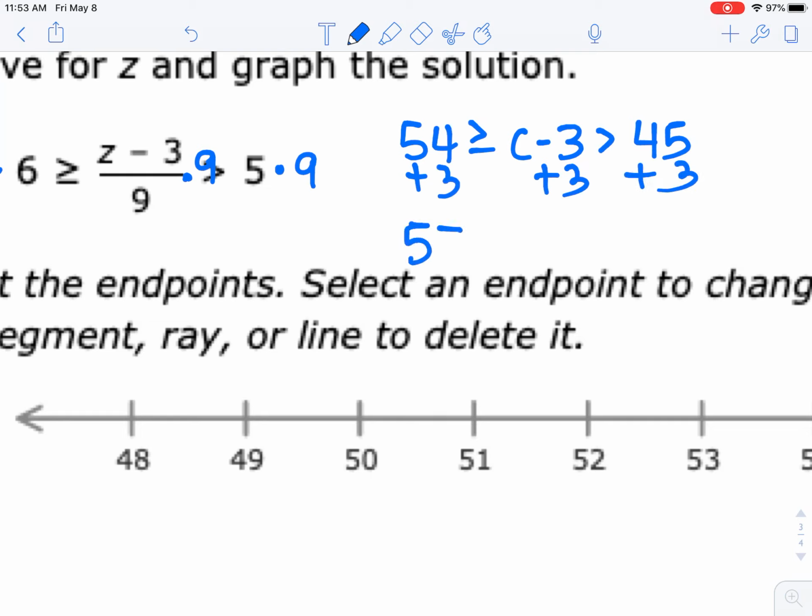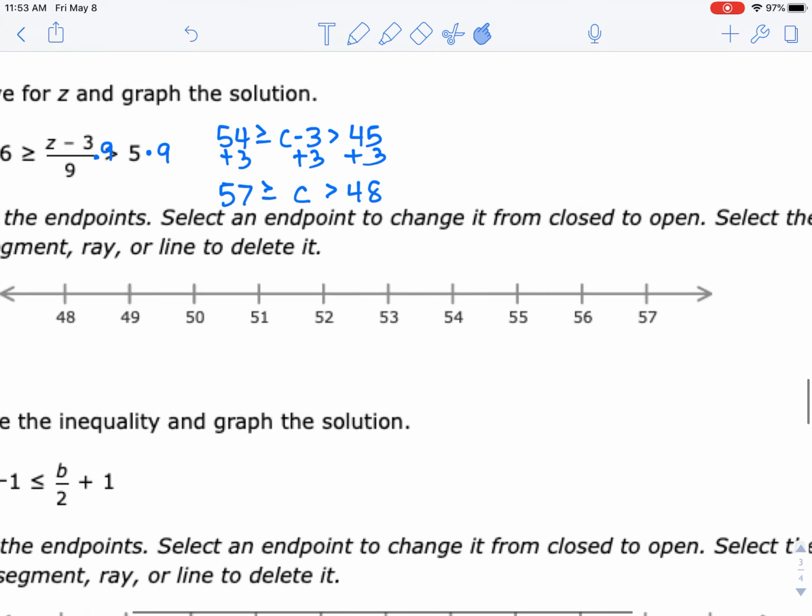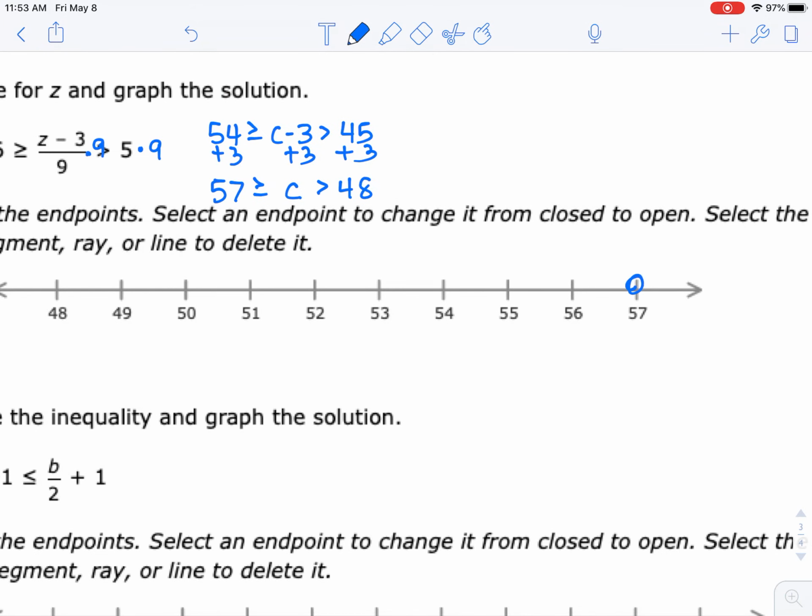So you get 57 greater than or equal to C greater than 48. So at 57, it has to be a closed circle. At 48, it has to be open, and it's between.